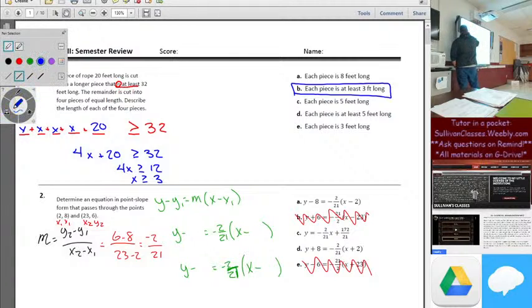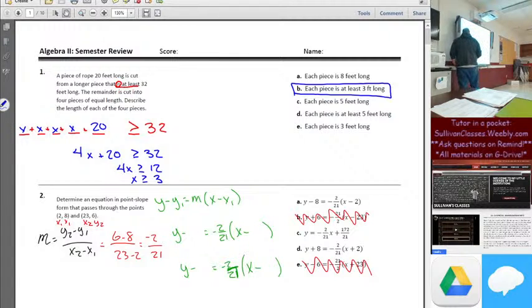You get to choose which point. So I can either use 2 and 8, or I can use 23 and 6. But the form is y minus y1, x minus x1. Backwards land, which we've seen a couple of times with other types of functions.